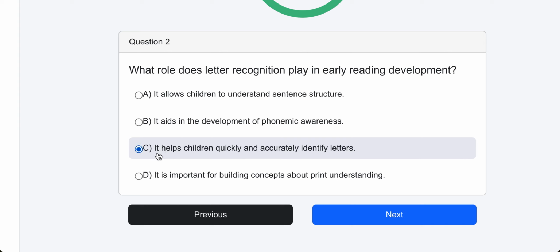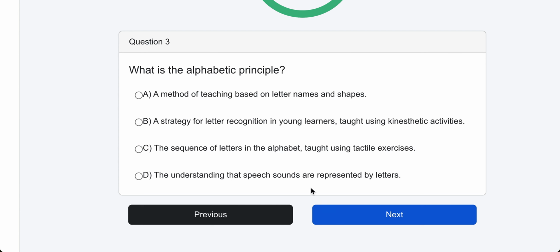All right, this reads, it helps children quickly and accurately identify letters. Remember that accurate and rapid letter recognition is super important. It's crucial as it helps children underpin the ability to learn reading, and it also improves their future word recognition skills.